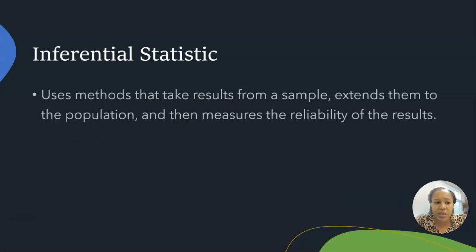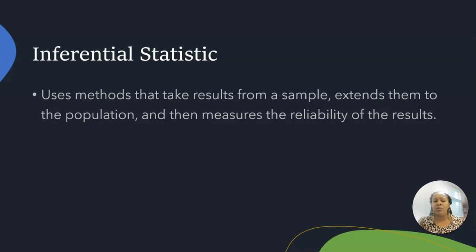Now, inferential statistics use methods that take results from a sample and extend them to the population, and then measure the reliability of the results. Okay, so even though we only collected information from 128 students, there are some methods that we're going to learn throughout this course that will allow us to take the information we got from the 128 students and make some generalizations and some predictions about the population, okay?